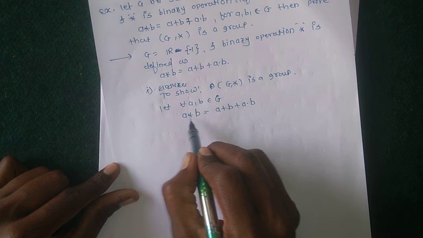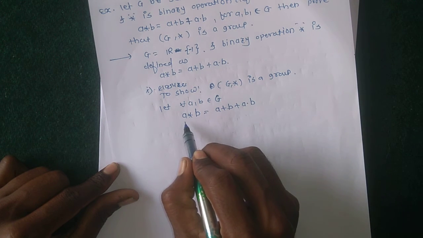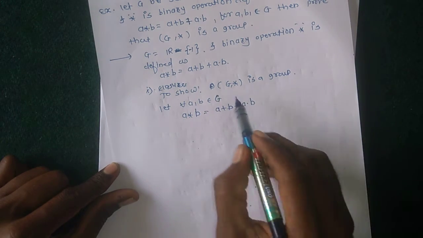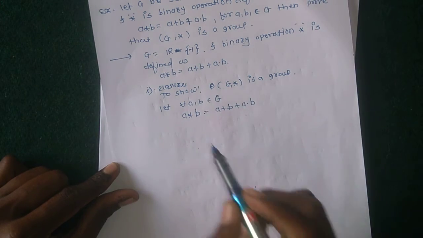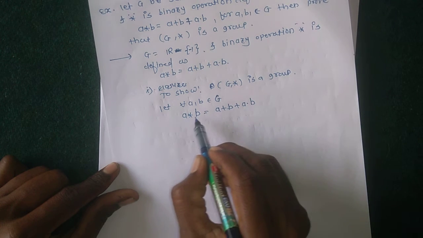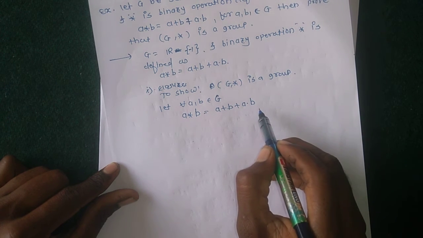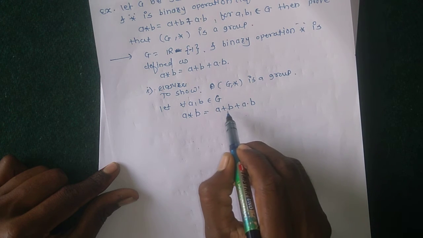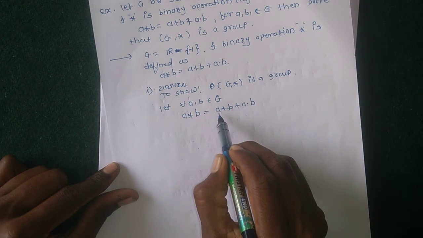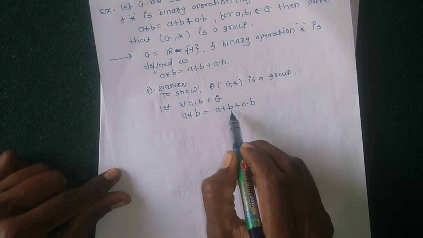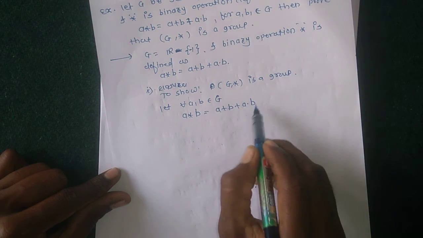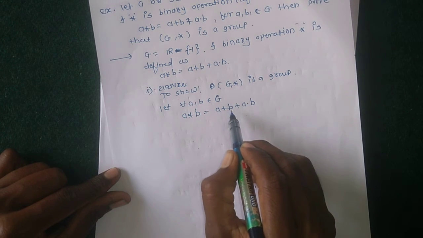A is not equal to -1, B is not equal to -1, because the given set does not contain -1. Okay, therefore their multiplication is also not equal to -1. And their summation A plus B, A is a real number, B is a real number, their summation is also a real number.